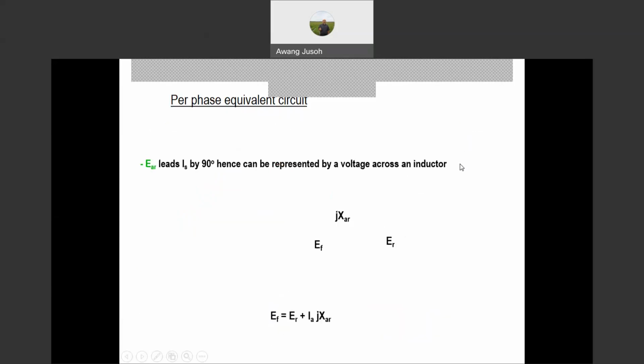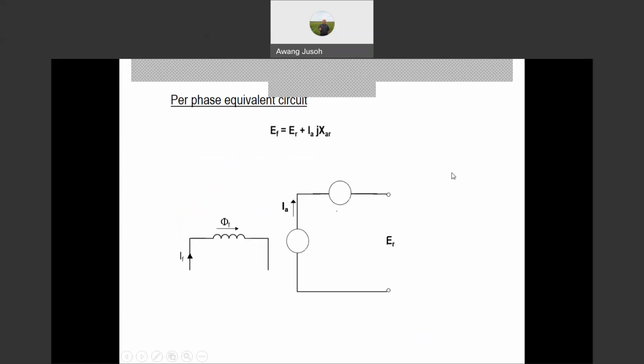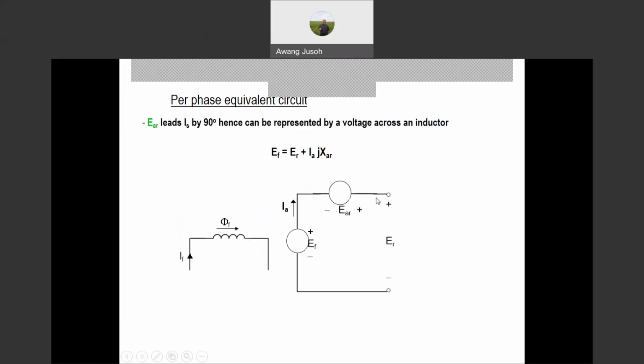So we draw it back with one inductor there, represented by jXSR. That means IA times jXSR, equal to EAR there. Understand? So EF equals ER plus this inductor voltage drop, which is IA multiplied by jXSR, plus ER, equal to the excitation voltage.